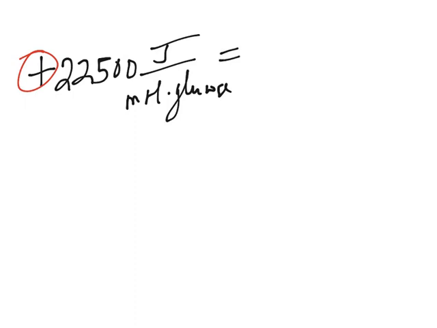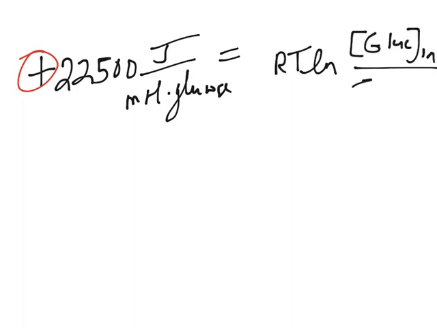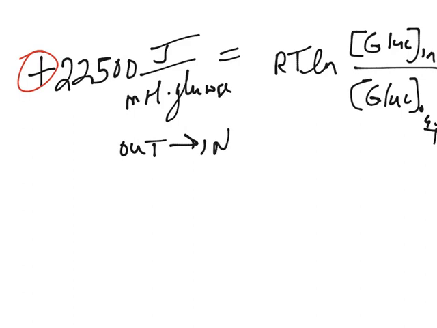So that's going to equal RT, natural log, concentration of glucose inside the cell divided by concentration of glucose outside the cell. Well, I ran out of room on my iPad. Okay, because again, remember, we're going from outside the cell to inside the cell in our process. So final minus initial.